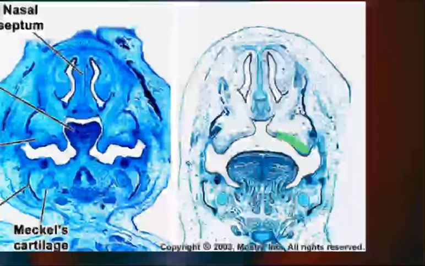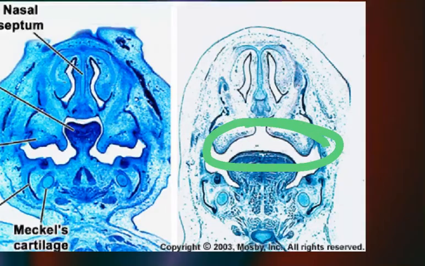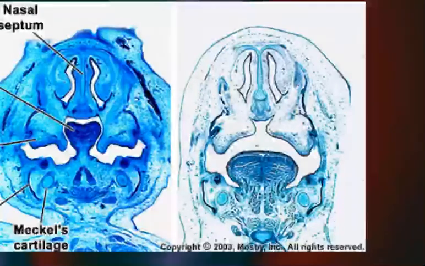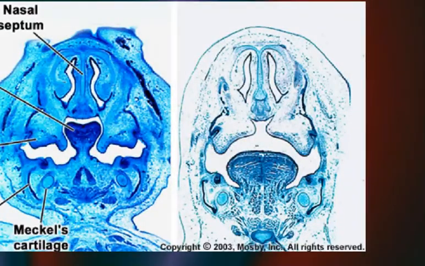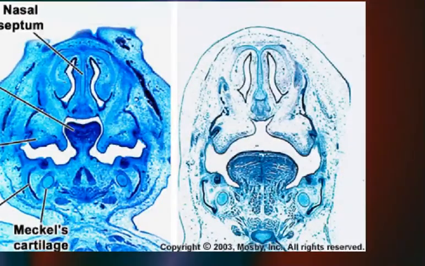So when you see horizontal growth of the palatal shelves, then it's week 8. But still, they haven't contacted each other yet. The initial contact of these two lateral palatal shelves will take place by the end of week 8. So this section here is for week 8.